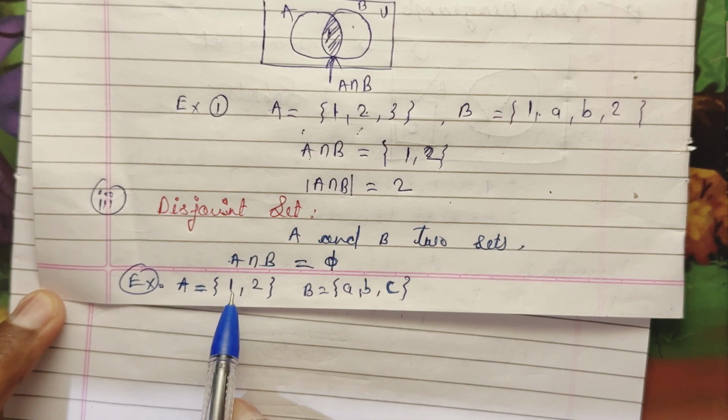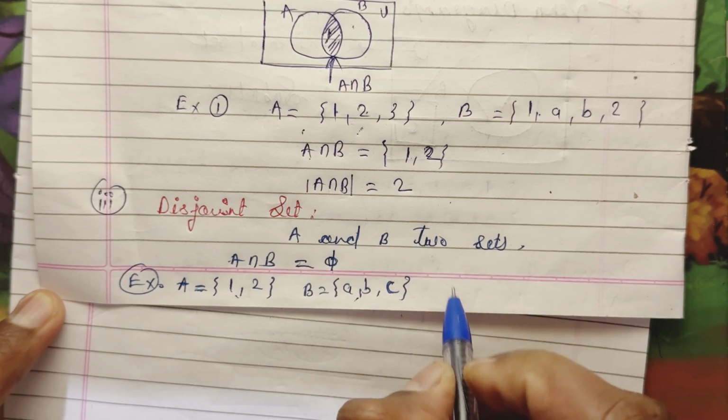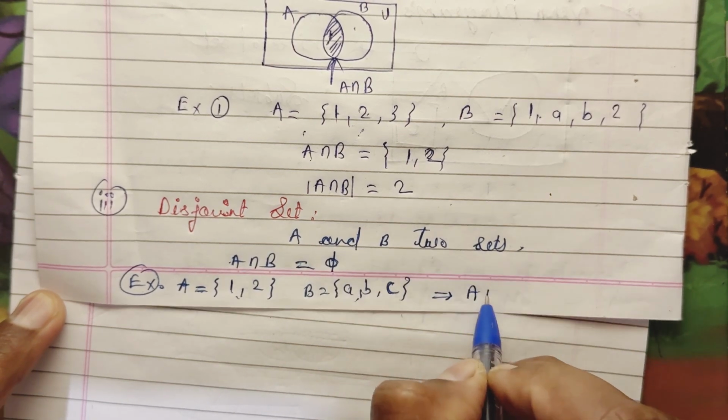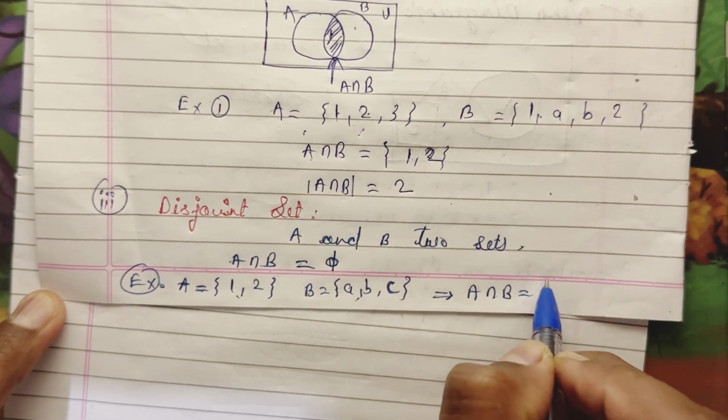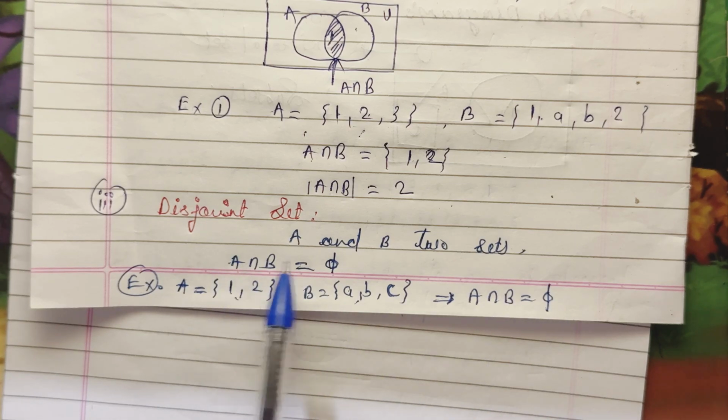We know phi is a subset of every set, so phi is present here and phi is present here. This implies we write A intersection B as phi. I hope you all have understood what a disjoint set means. A disjoint set means the intersection between two sets is phi.